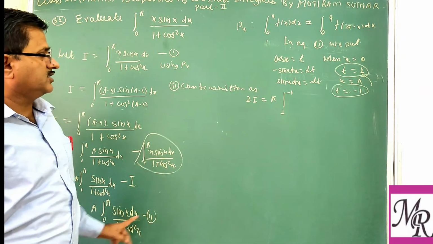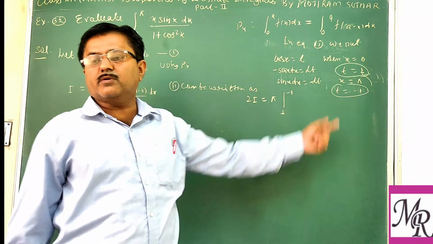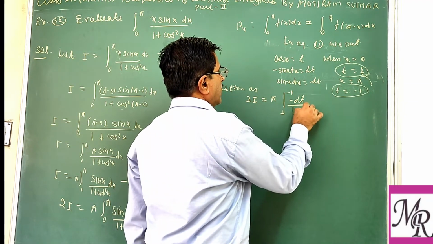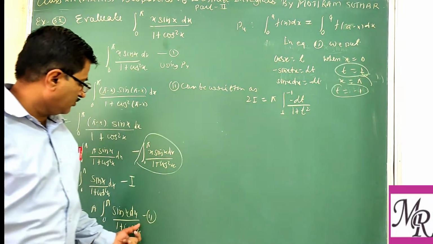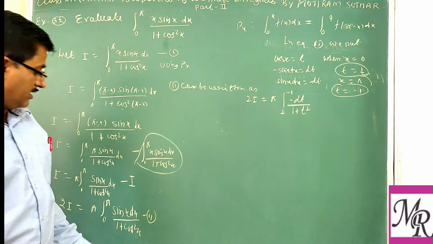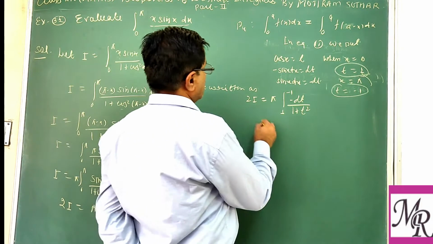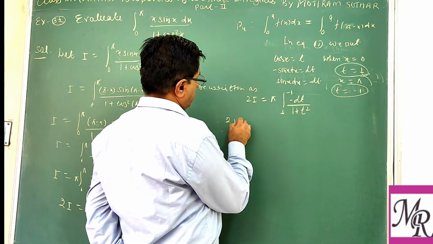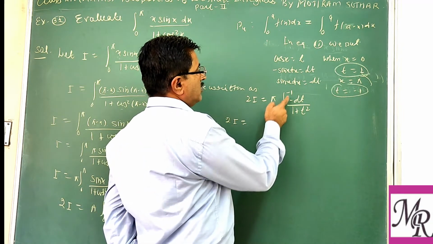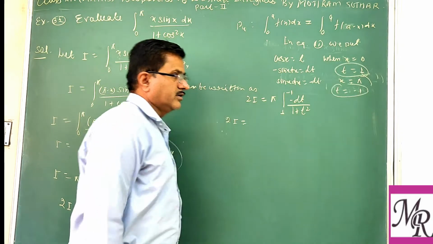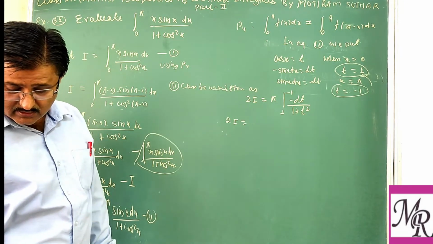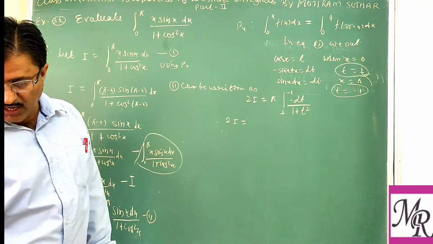Then sin x dx is replaced by minus dt upon 1 plus t square. Why t? Because we supposed cos x as t. Clear? Now here we may use one important property. This is minus, so now we interchange the limits by using property P1.